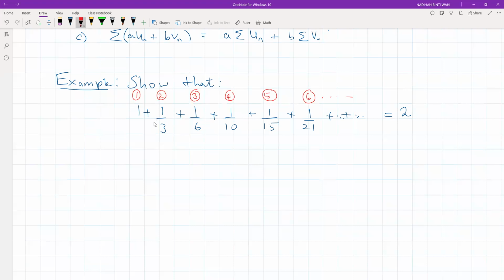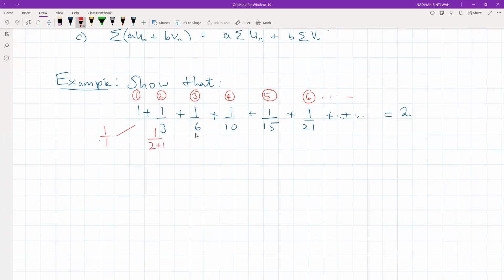You can see that this is like 1 over 1. And then this one is like 1 over 2 plus 1. I just want to write the denominator of that. So this is 1 over 1, this is 1 over 2 plus 1, the third term.